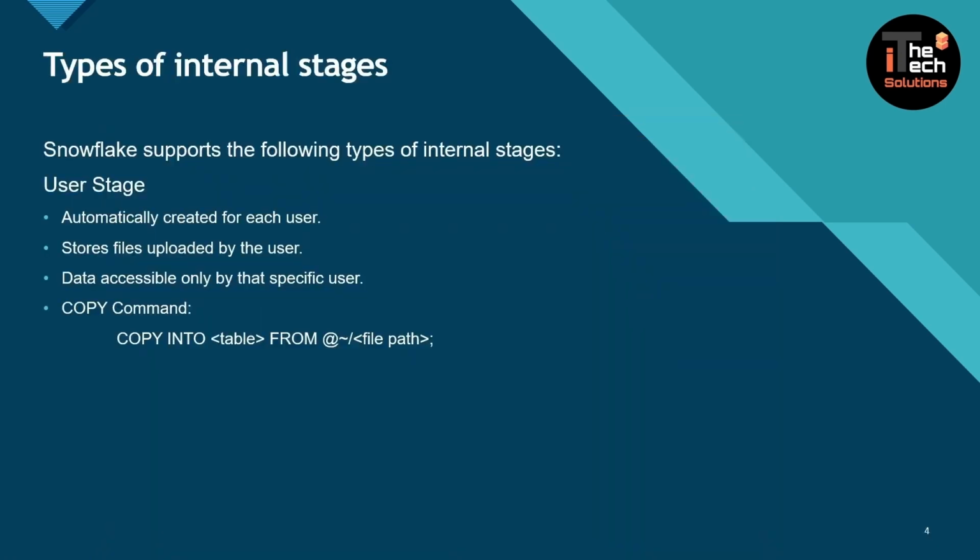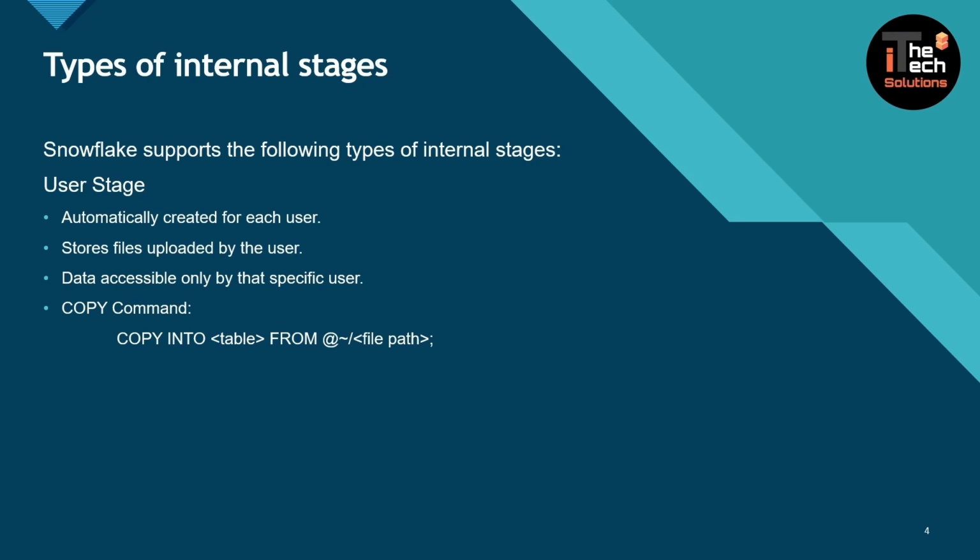The next thing is the types of internal stages. As I said, we have three internal stages. One is the user stage. It is automatically created for each user. As soon as a user is created, its internal stage is also created along with the user. It can store the files uploaded by a specific user. So if you want your file to be available to another user as well, that will not be possible in this case.